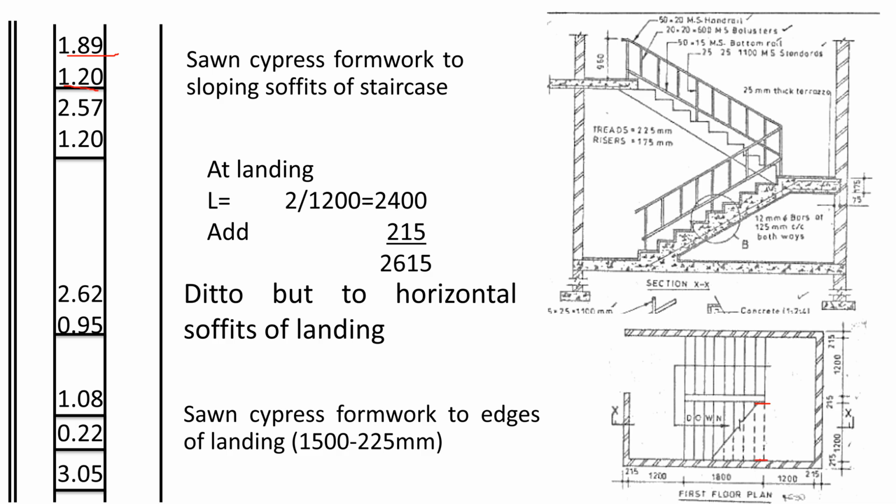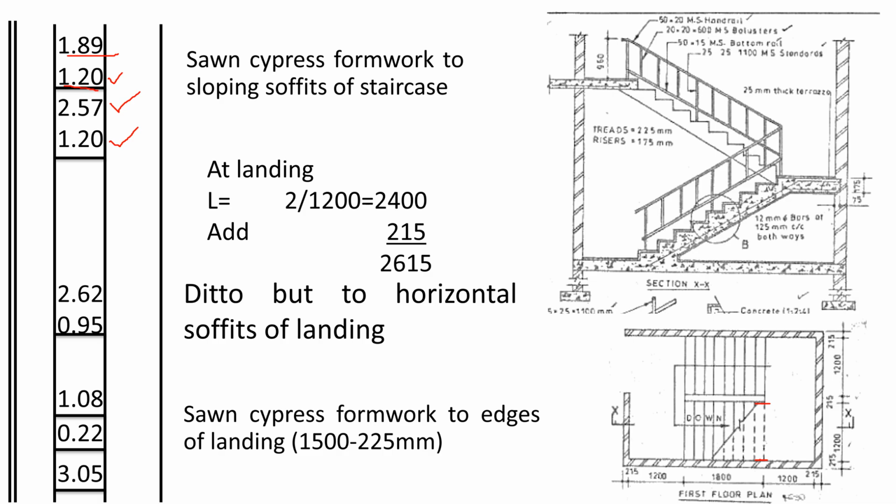We shall get 1200. Remember, we don't do formwork where the wall supports the concrete. So we do it where there are no walls. So the width of the sloping soffit is 1.2. Then for the second flight, we shall take the length of the soffit. It's 2.57. The width of the soffit is 1.2.